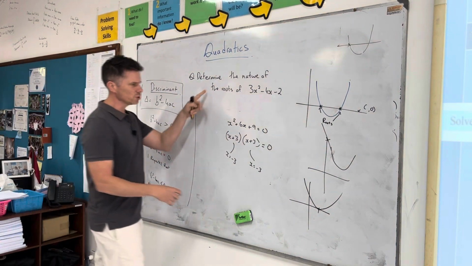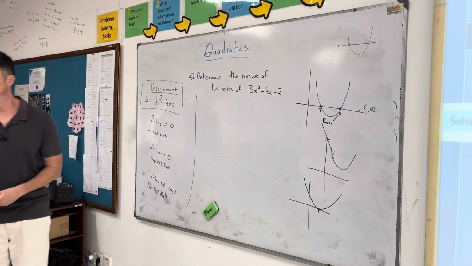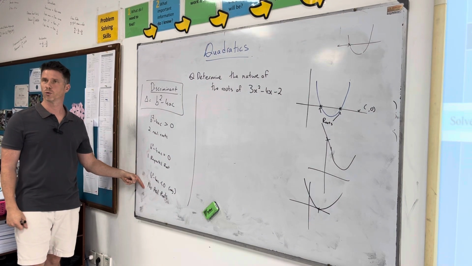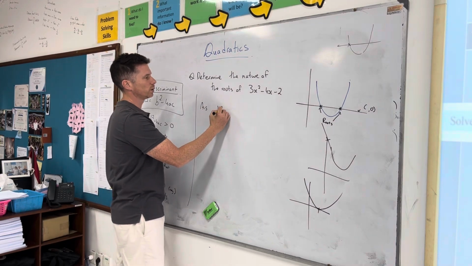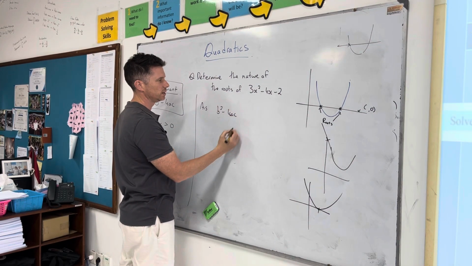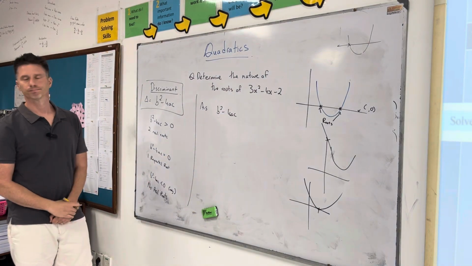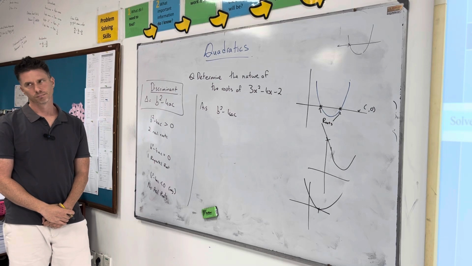Okay, so a question like this is common. Determine the nature of these roots. So it's asking, are there two real ones? Are there repeated? Are there no real roots? I would go straight to b squared minus 4ac, and I'll just see what the answer is. If the constant is a negative, and the a is positive, wouldn't there always be a root then?